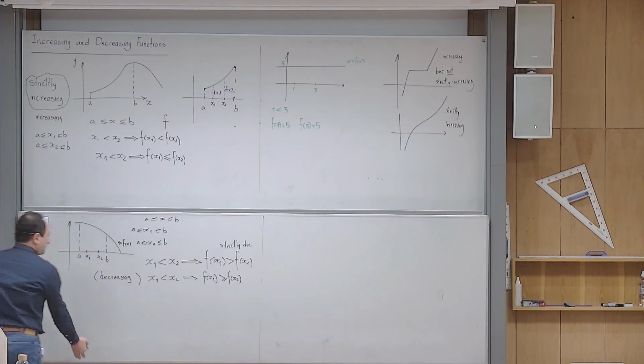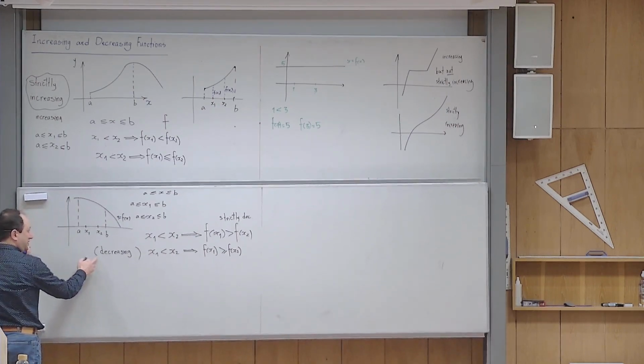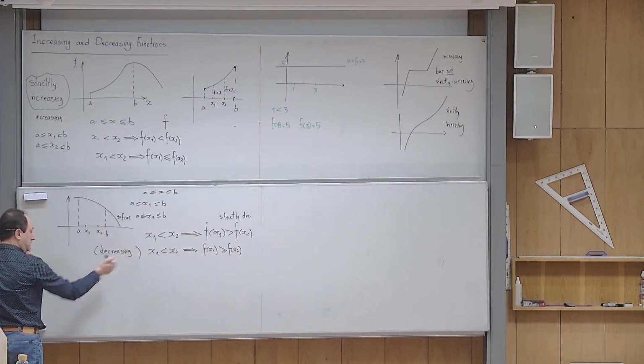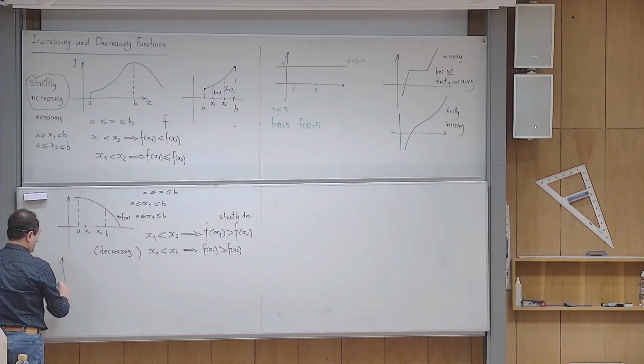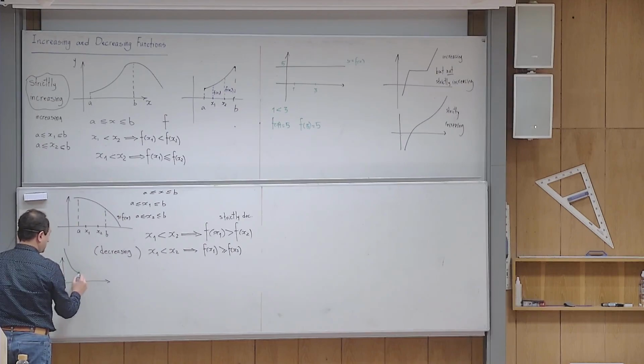So if I want to draw a graph of a decreasing function which is not strictly decreasing, you already probably know what to do. For example, you can come with a curve like this and become flat at some point, and then, for example, go down like this.